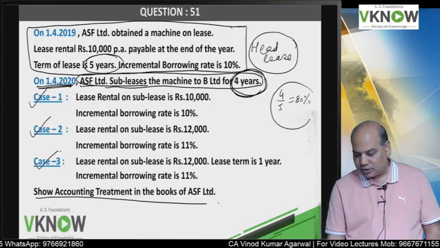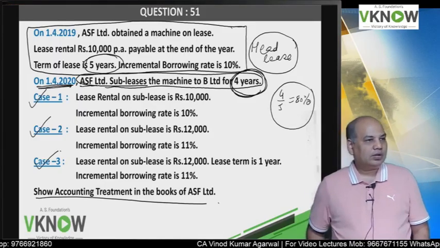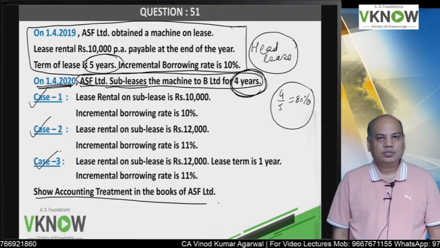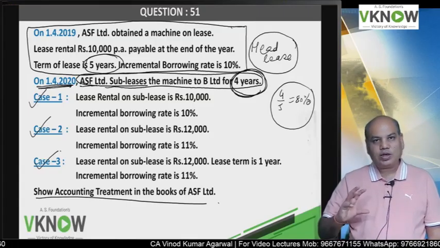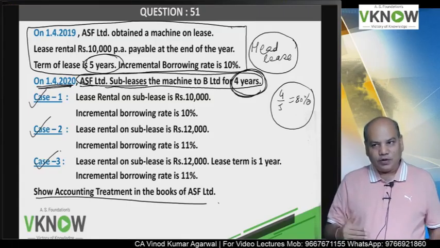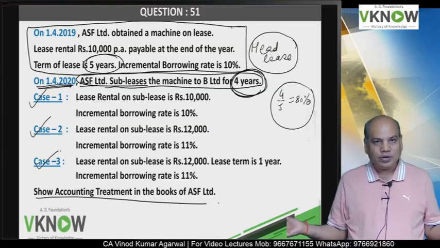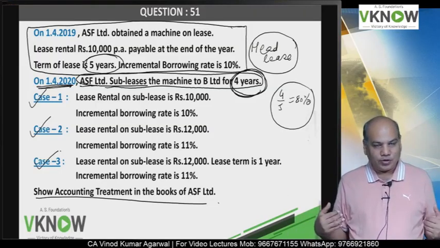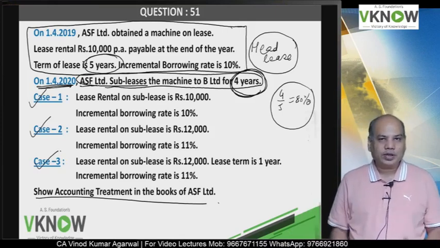Now this is a very judgmental issue, whether the sublease term is substantially equal to the head lease term. So we will assume both and solve. If we assume it is substantially the same, it is a finance lease and we'll do that accounting. If we assume it is substantially not the same, we will treat it as an operating lease.